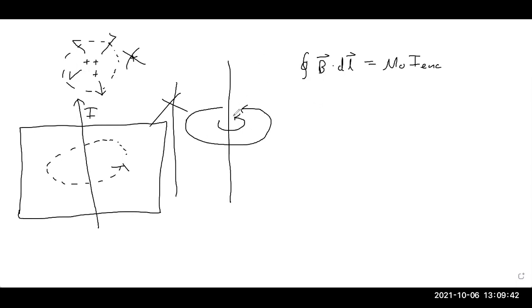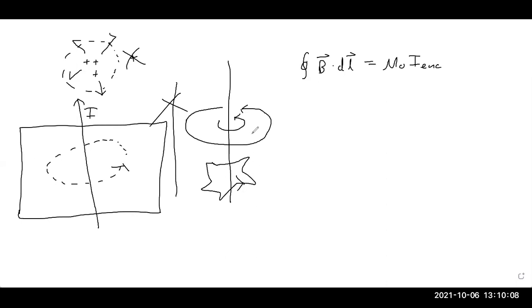So these are both nice circular loops. If you instead made your star-shaped loop around that wire, you would get the same integral, nasty and ugly, but same answer.